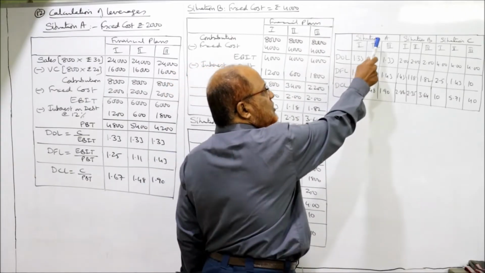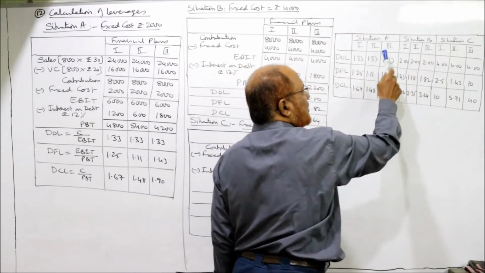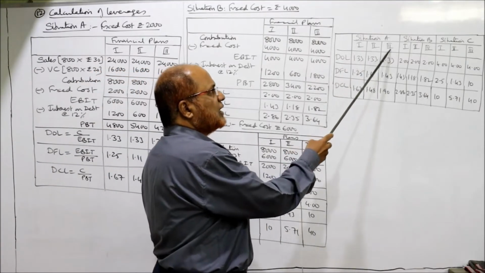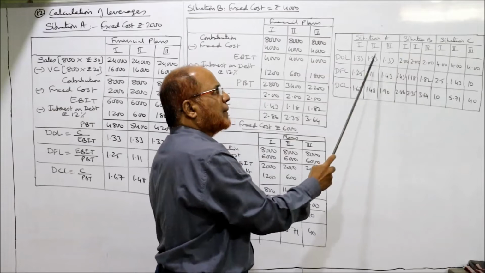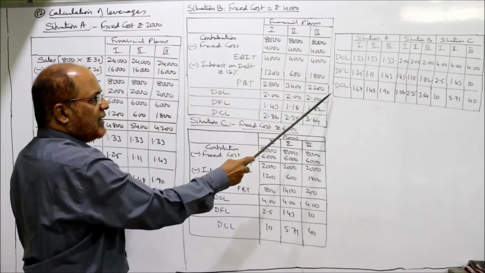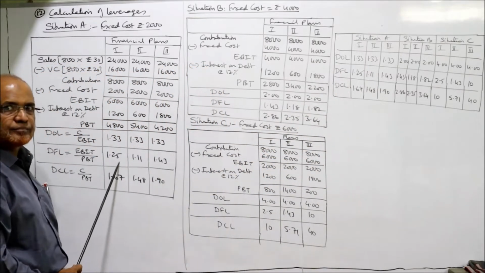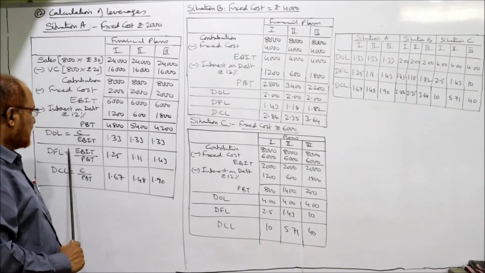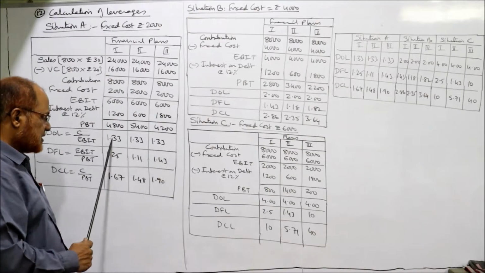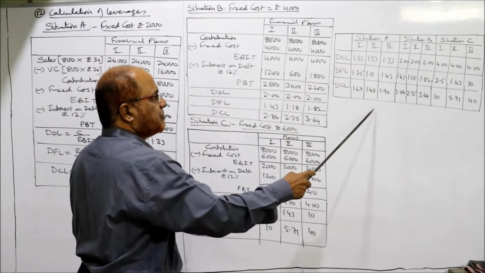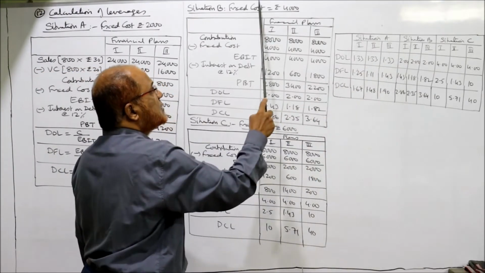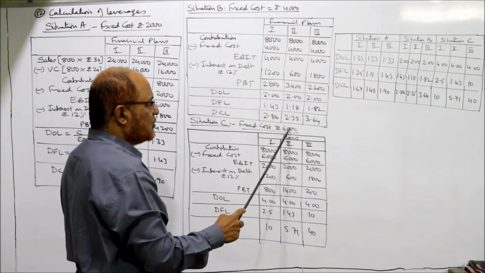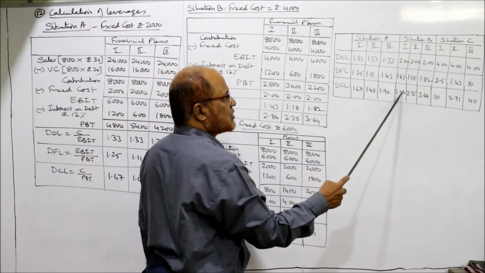So what is in the table? Situation A, situation B, situation C. In each situation we have 3 plans: plan 1, 2, 3. All these DOL, DFL, DCL values we have calculated. I copy the DOL, DFL, DCL of the first situation here. Similarly situation B: all these values I have copied for the second situation.